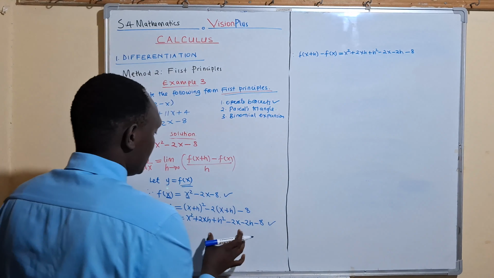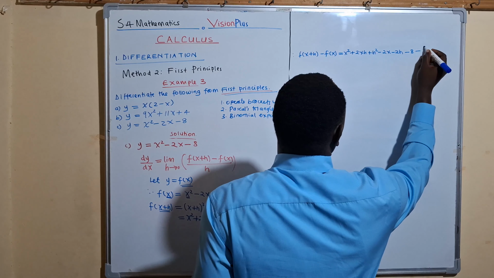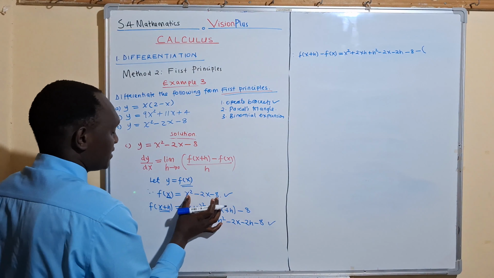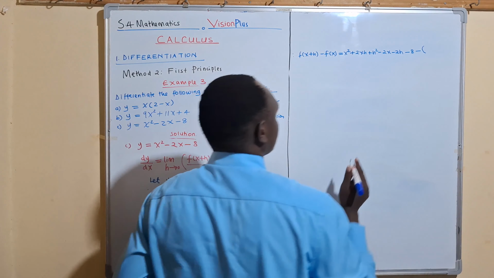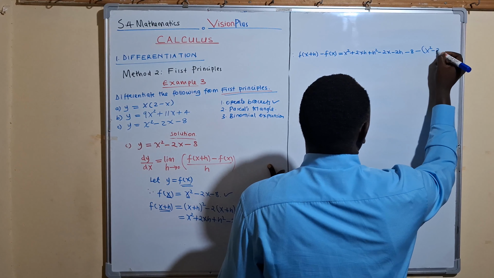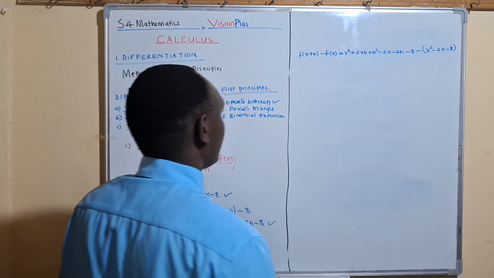That is just f of x plus h. But now we are subtracting, so minus f of x. F of x here has 3 terms, so we put them in a bracket. Here we shall have x squared minus 2x minus 8 in that manner.